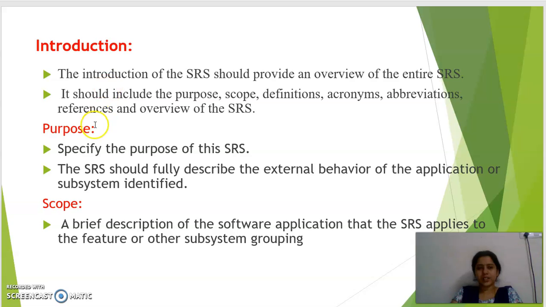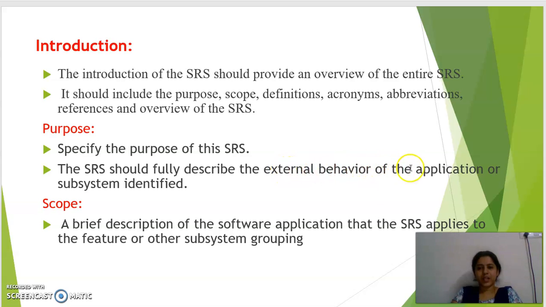Next, the introduction section contains the purpose of the project and the scope of the project. Mainly, the purpose of the project is actually the contract between the software developer and the client. So the purpose also describes the external behavior of the application or the subsystem identified.